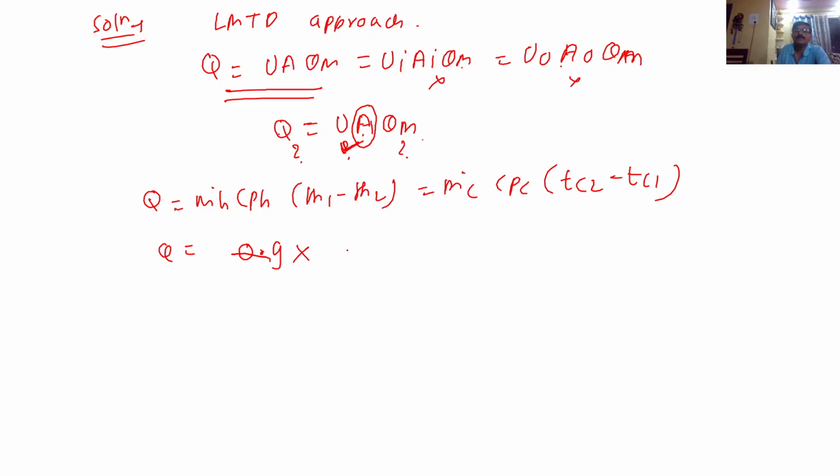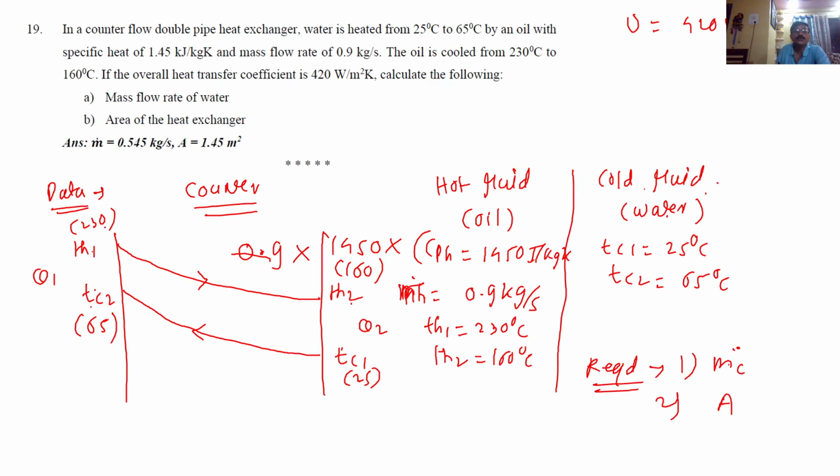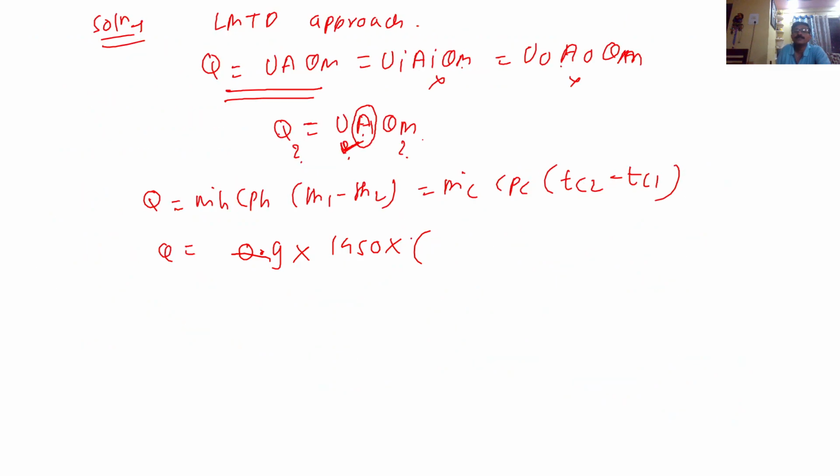So 0.9 into Cph 1450 into (Th1 minus Th2), 230 minus 160. So the answer of Q is 91350 watt.